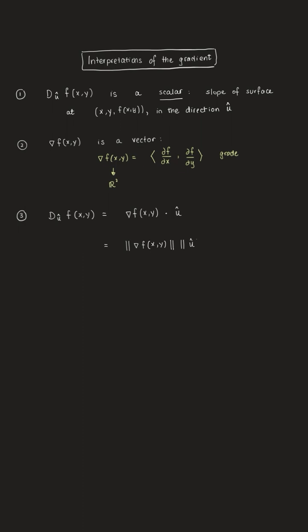So let's write that down. And here we'll say cosine theta, where theta is the angle between the gradient vector and our unit vector u. And also recall that both of these vectors are on the xy plane in R2.